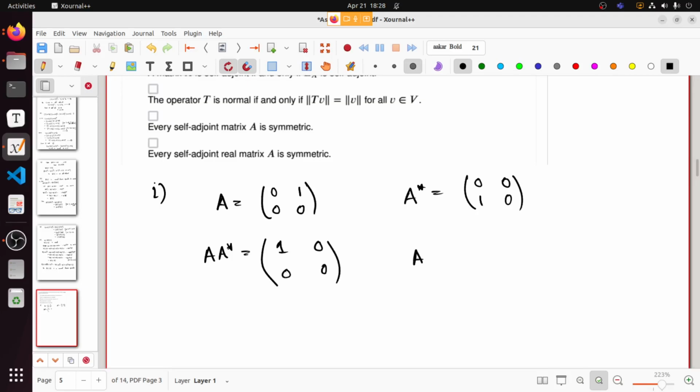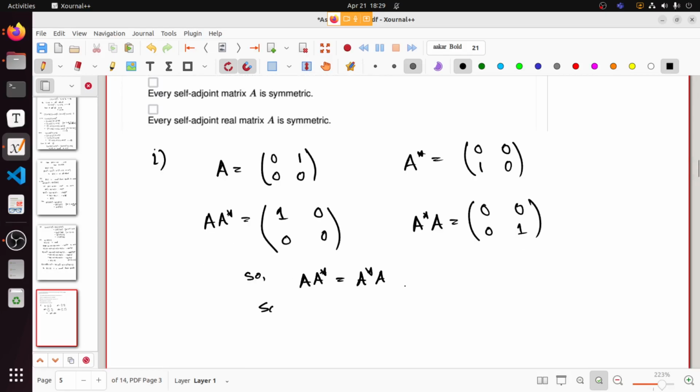And what will A star A be? 0, 0, 0, 1. So they are not the same. So A A star is not equal to A star A, right? Means A is not normal.